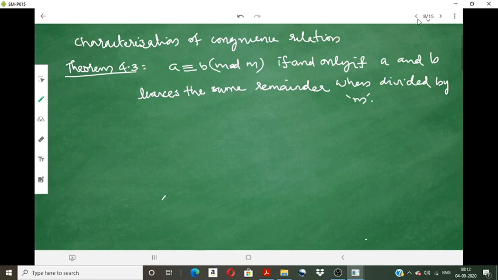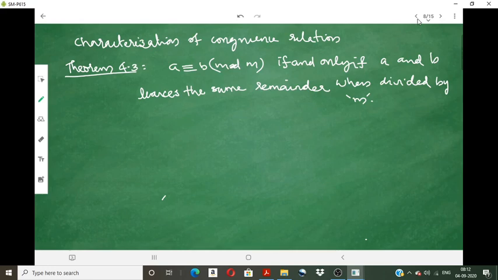The first one was the typical definition: A is congruent to B modulo M, for a positive integer M, if M divides their difference, that is, M divides A minus B. The next was that A is congruent to B modulo M if and only if B is equal to A plus some K times M. That was the second theorem.